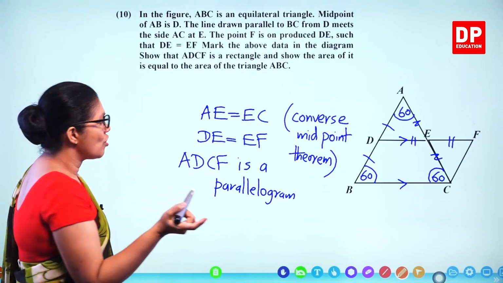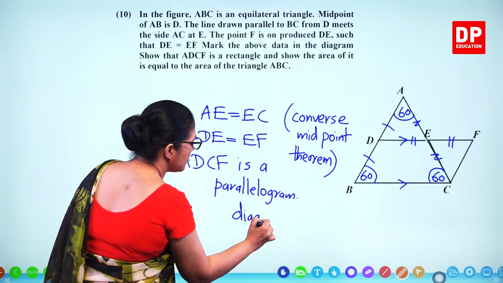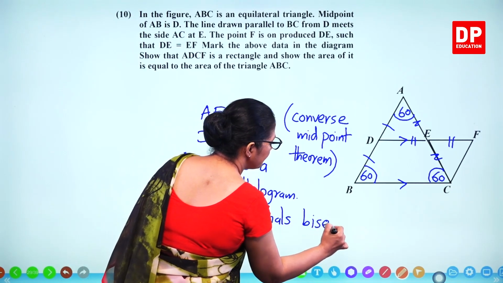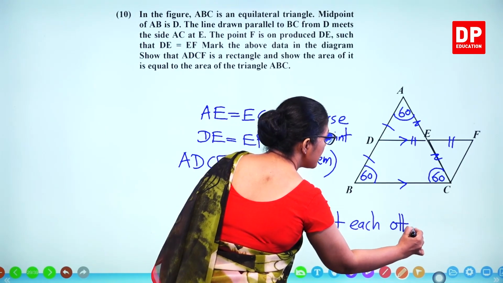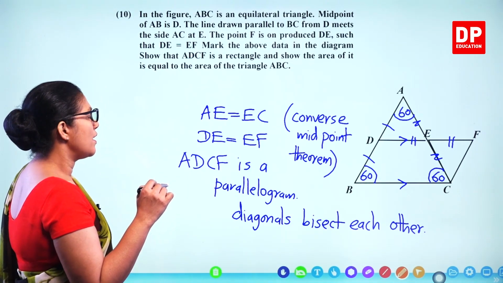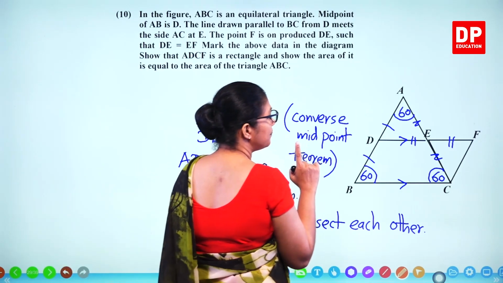Diagonals bisect each other, so this is a parallelogram. Now, how can we show that it's a rectangle? Look at it carefully.